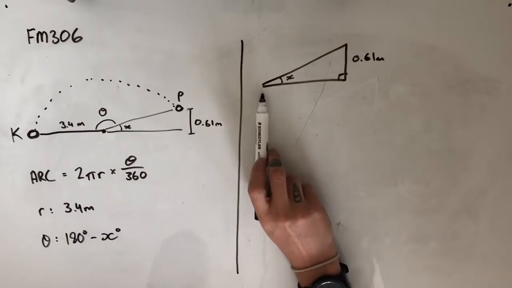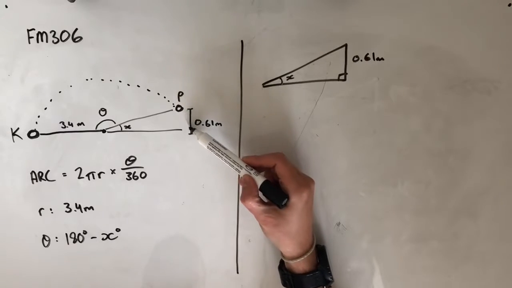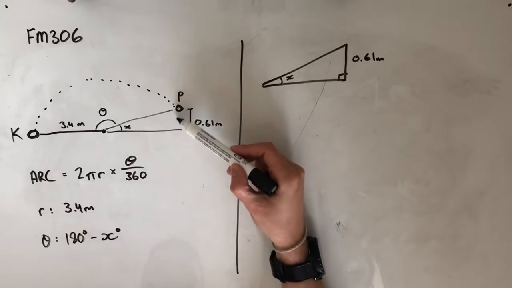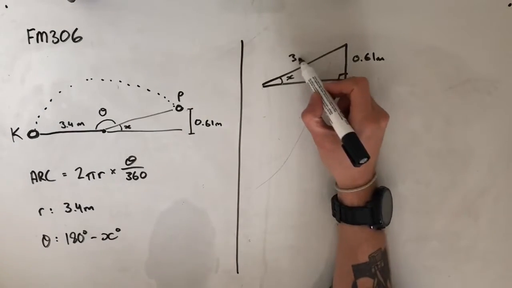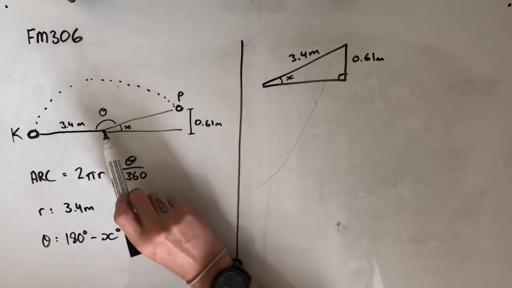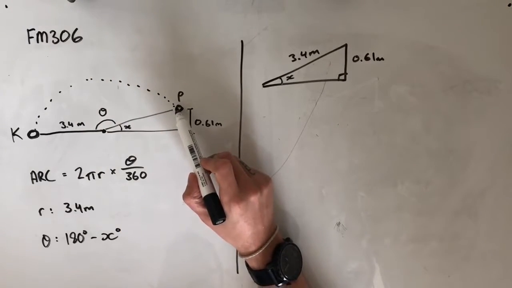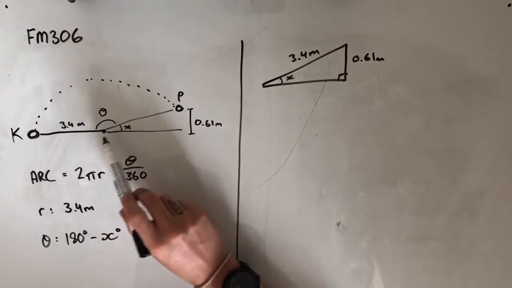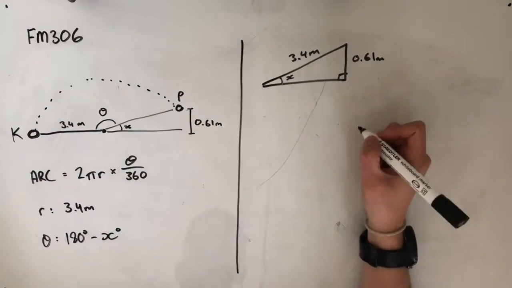You may be tempted to put the 3.4 meters down here. However, that would not be true because this is a circle, so it would continue out here, and what we have is a straight line, so it wouldn't follow that circular arc. Our 3.4 is actually going to be the hypotenuse because the distance from the center of the circle to the edge of the circle is the same length as our radius.